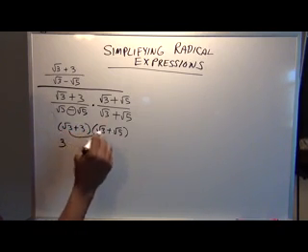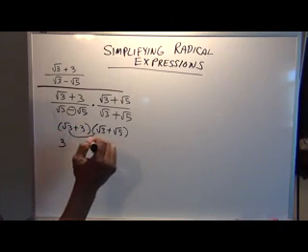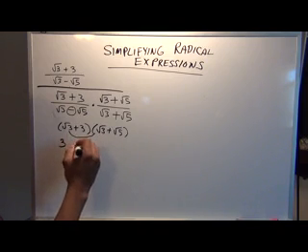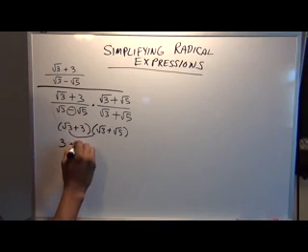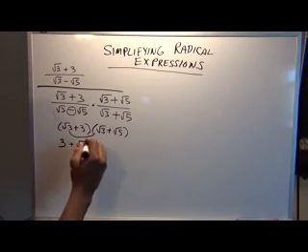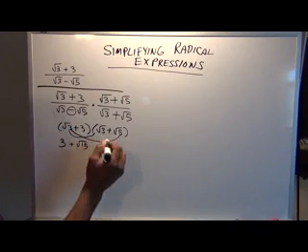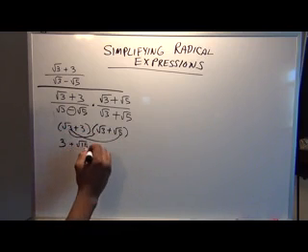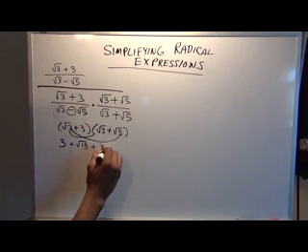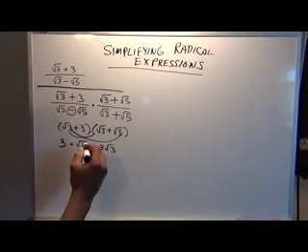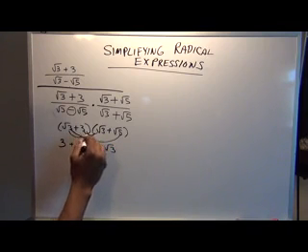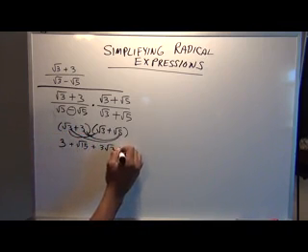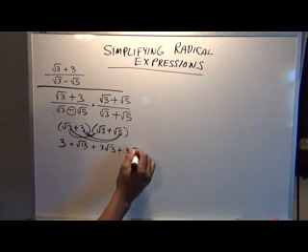The outer is square root of 3 times the square root of 5, which is the square root of 15. So that's plus the square root of 15. Then we do inner, which is positive 3 times the square root of 3. Then we do the last, which is 3 times the square root of 5, which is plus 3 times the square root of 5.